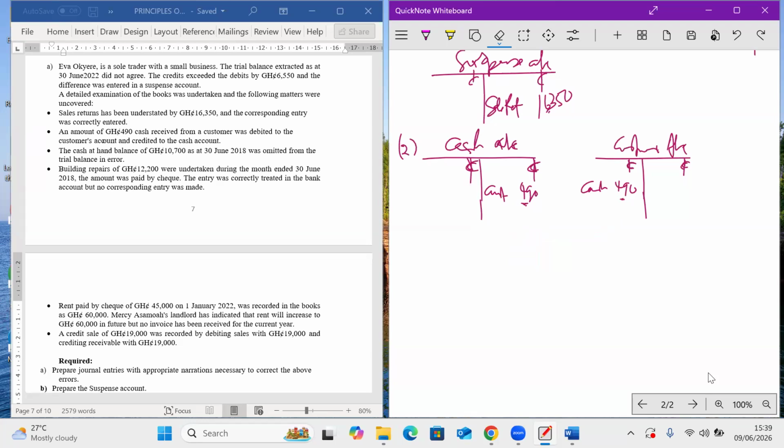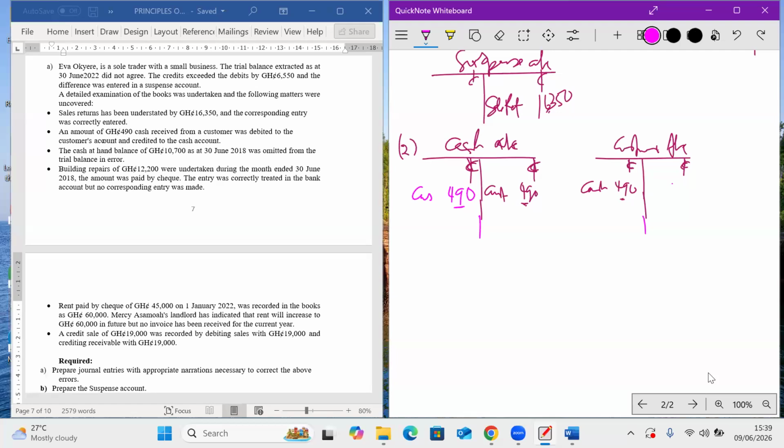In the cash account, what's the correct entry? It should be debited, right? Yes. So this 490, where will it be coming from? The customer account. Pay attention. In the customer account, what should be recorded?